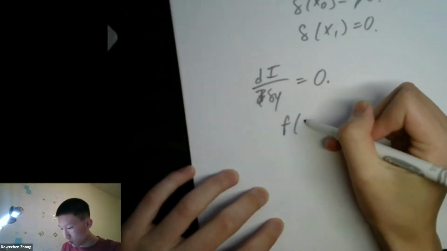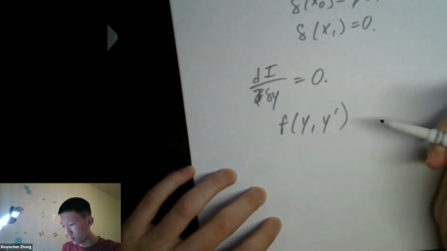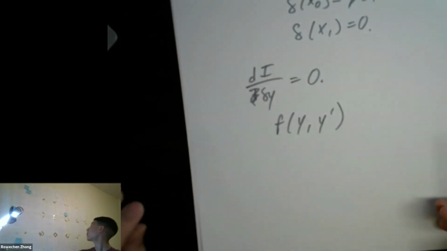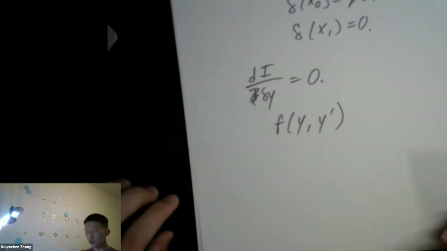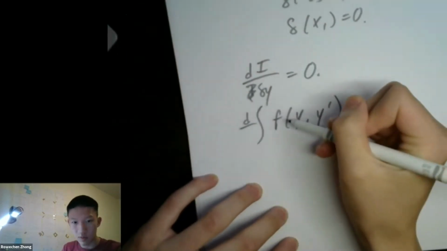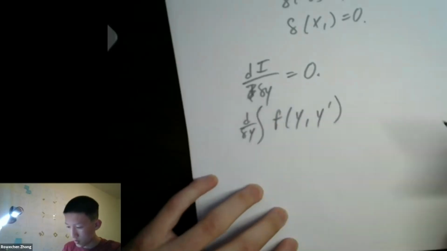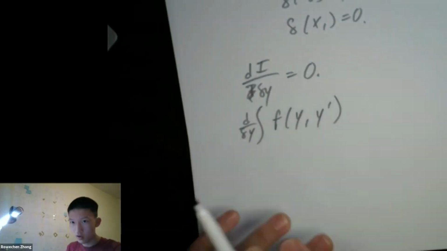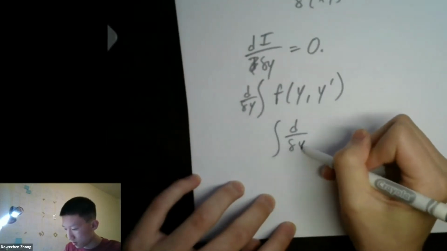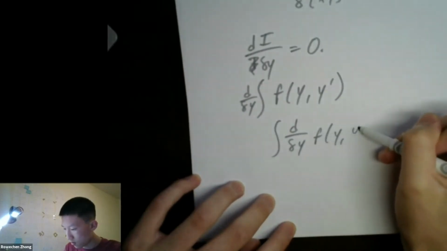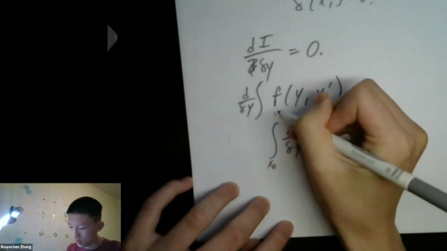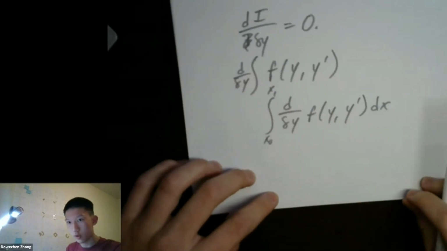What we started with was f of y comma y prime, f of y and the derivative of y. If we want to take the derivative of this, we're trying to take the derivative with respect to change in y of this. We can swap them because we're physicists and it doesn't matter. From x0 to x1. And because of the chain rule, what can we do?